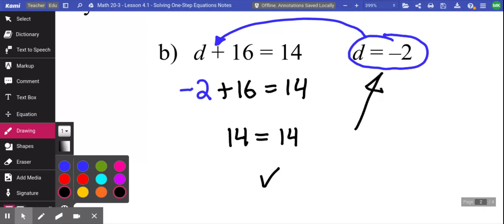That is the correct answer. So you can verify or check all of your answers through this whole first probably 3 days, which is kind of nice.